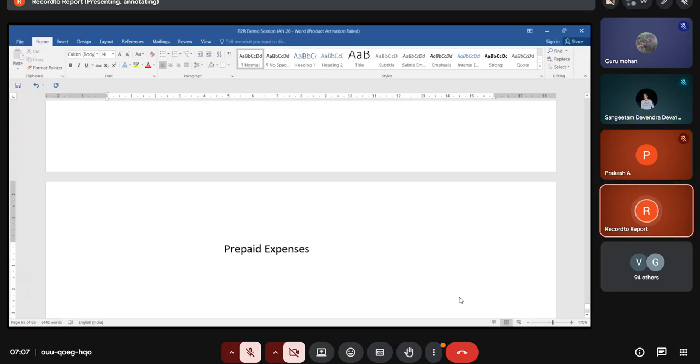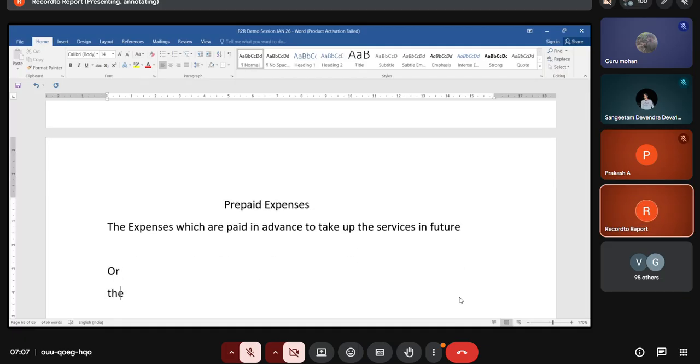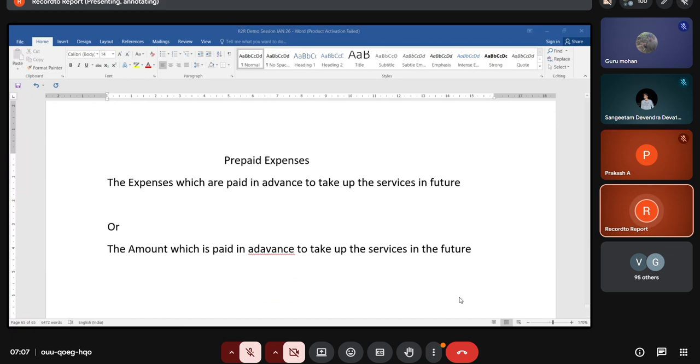So prepaid expenses. A prepaid expense is nothing but an expense which is paid in advance to take up the services in the future.